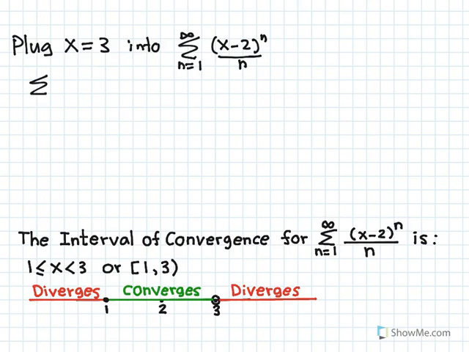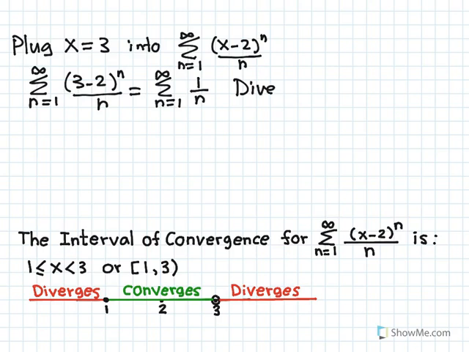So we get summation of (3 minus 2) to the power of n divided by n. 3 minus 2 is equal to 1, and 1 to the power of n is equal to 1. So we just get summation 1 over n, which is a divergent harmonic series, or equivalently a divergent p-series with p equal to 1.